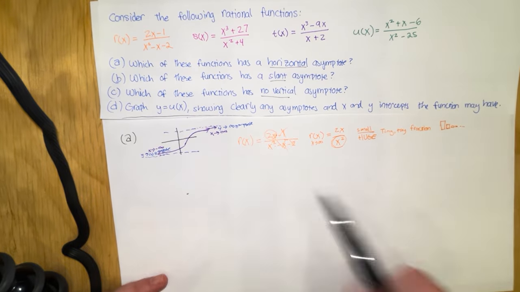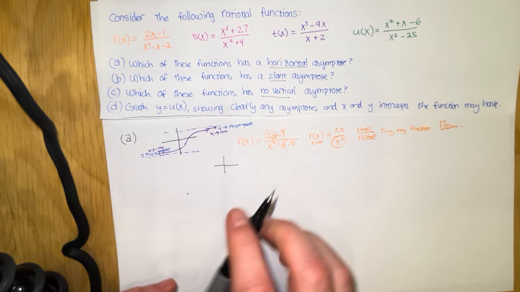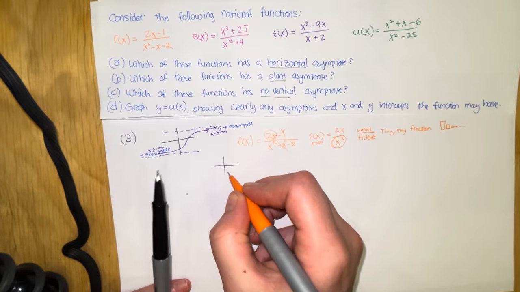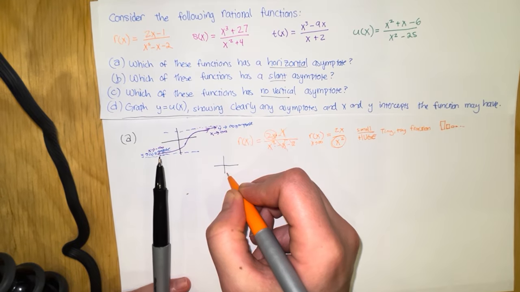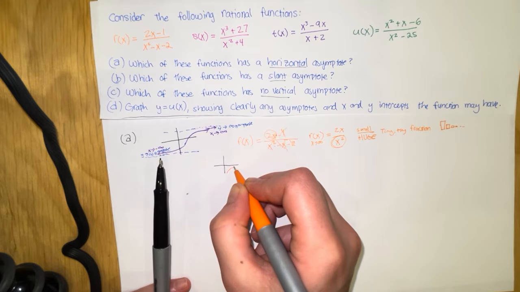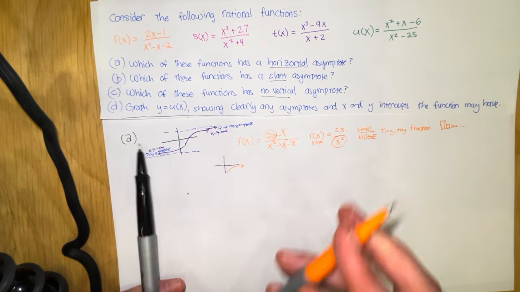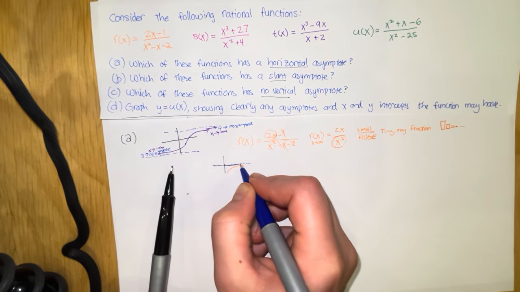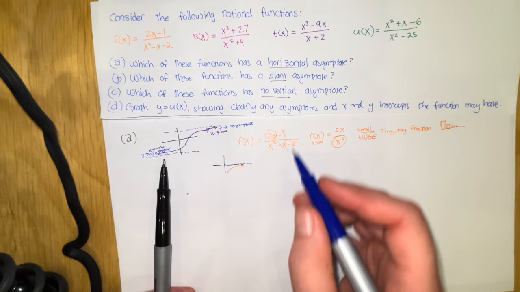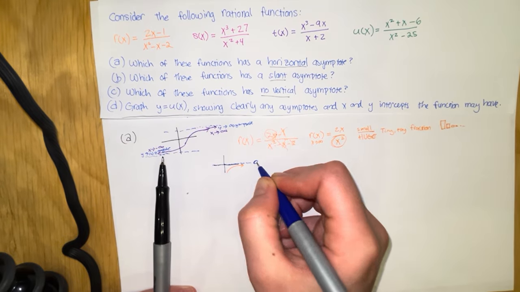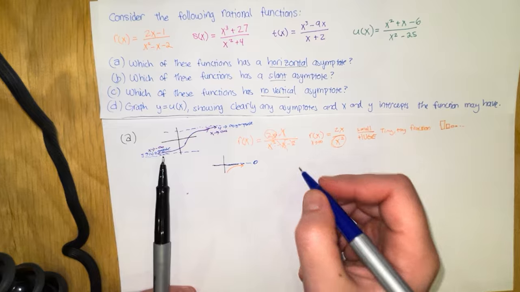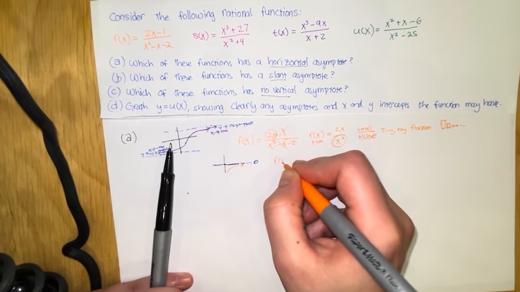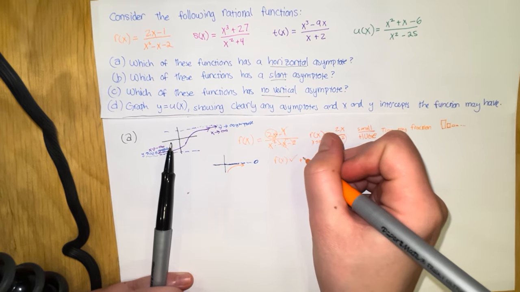So whatever this function is, we know that as x goes towards infinity, y is going to approach 0. So we know our asymptote is going to be along here. And we don't know whether it's from the top or the bottom, but we do know that it's going to approach 0. So if it's approaching some value, including 0, that means it has a horizontal asymptote. So r of x does have a horizontal asymptote.